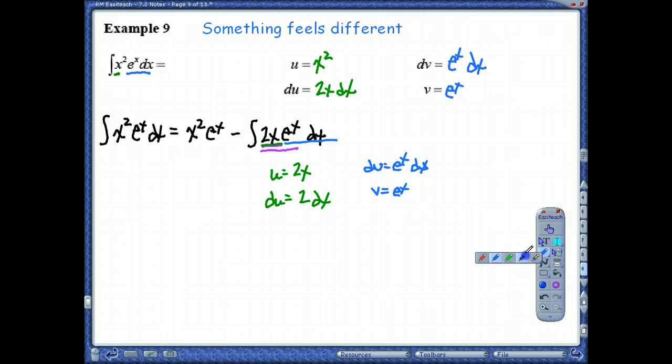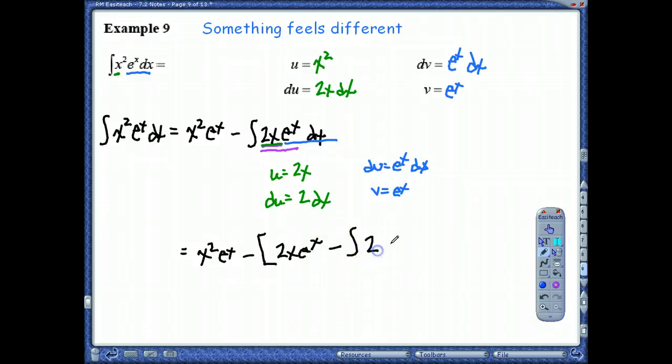I need to make sure that I'm rewriting the first part because that is part of the original statement. And notice I have that minus there, so minus, and then I'm going to put this in parentheses: uv, so 2x e to the x, minus my integral 2 e to the x dx.